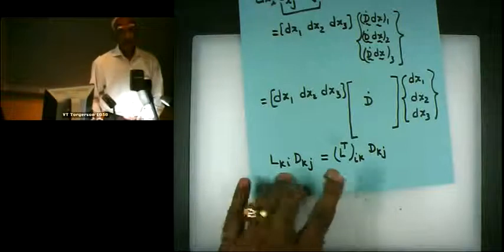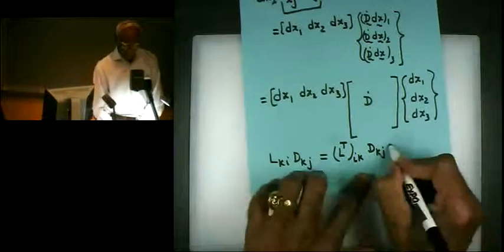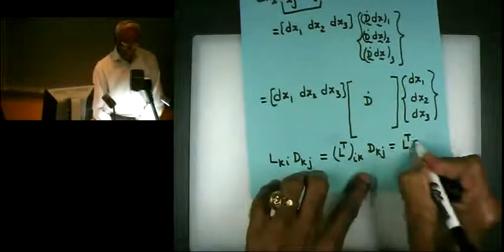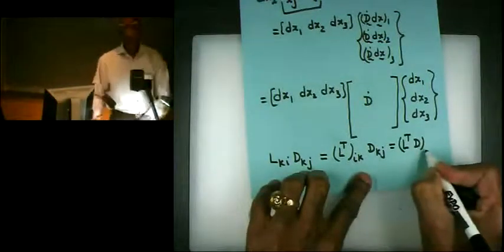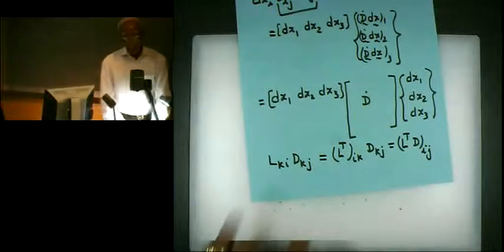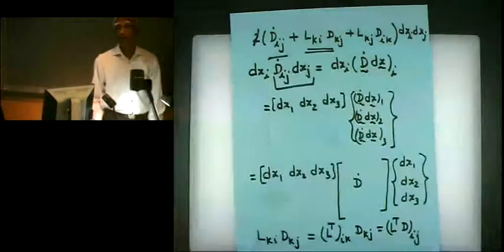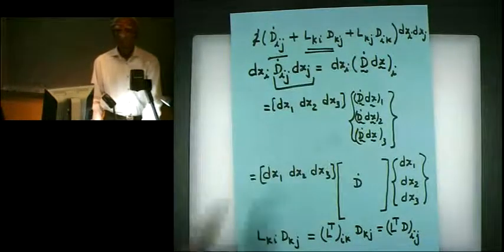Is this step clear? And then we have L transpose D IJ. And the rest is the same because all you would do is replace D dot by L transpose D. Because we did this dxi dij dot dxj.